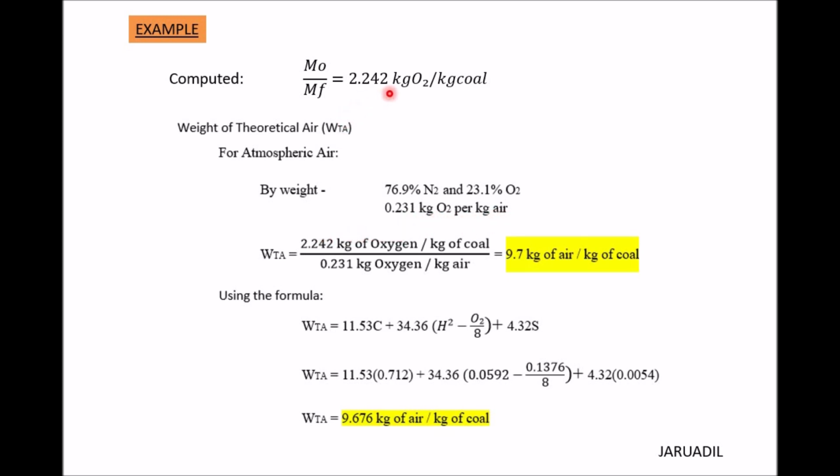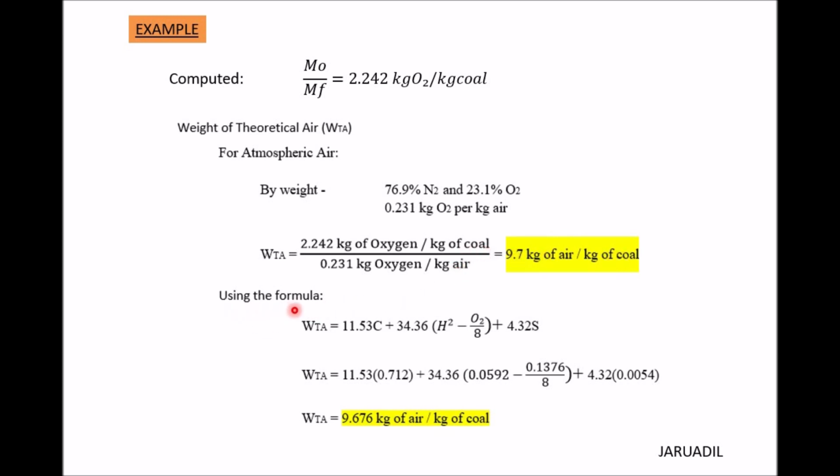So, since this is in kilogram of oxygen per kilogram of coal, ang weight of theoretical air niya is 2.242 kilogram of oxygen per kilogram of coal divided by this one, 0.231 kilogram of oxygen per kilogram of air. So makikita niya, makancel ito, kilogram of oxygen, kilogram of oxygen. So tataas yan, bababa ito. We have 9.7 kilogram of air per kilogram of coal.